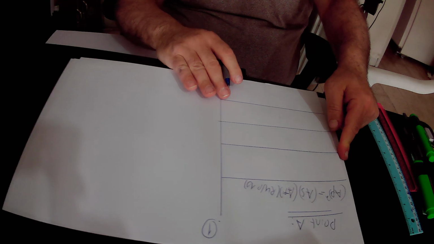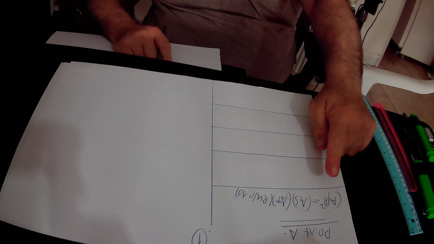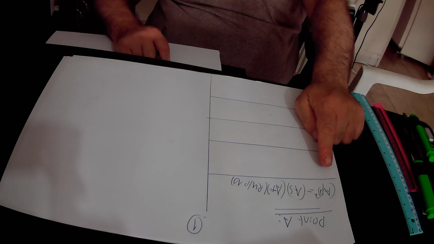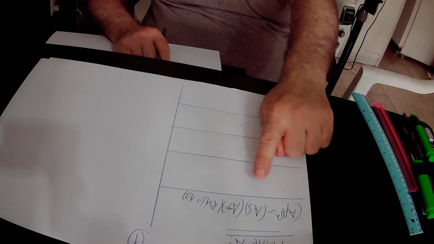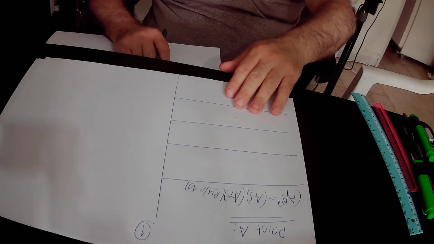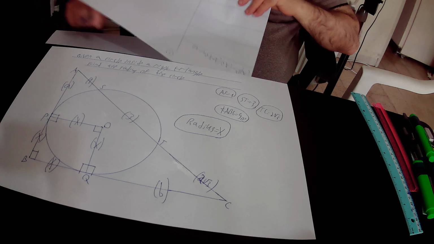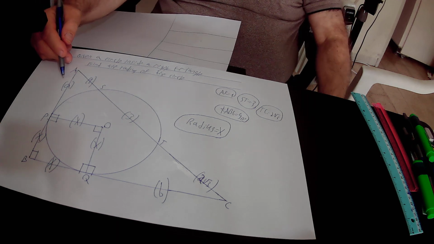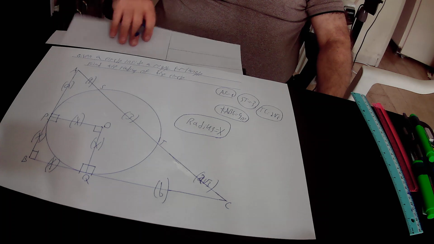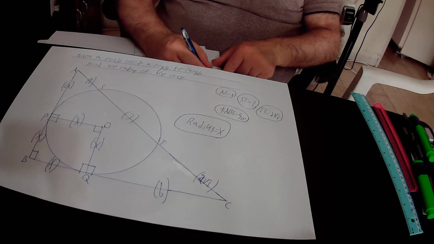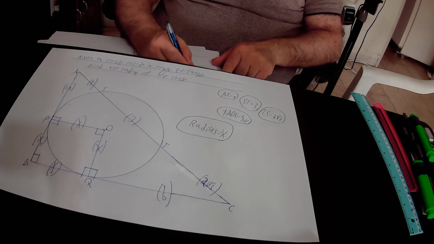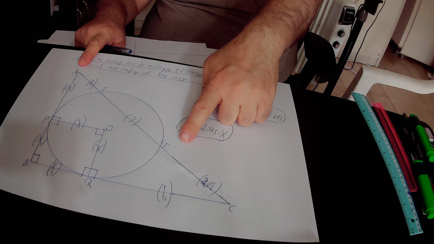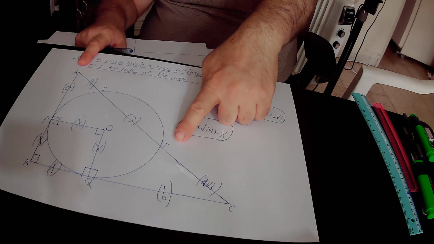Repeat again, according to rule 10, if you focus on the common start point, point A, the following equation will be true: AP squared will be equal to AS times AT. AP is A according to our definition, therefore AP squared is A squared. So A squared must be equal to AS, which is 1, times AT. From the drawing it is very easy to see that AT in total equals 1 plus 3.